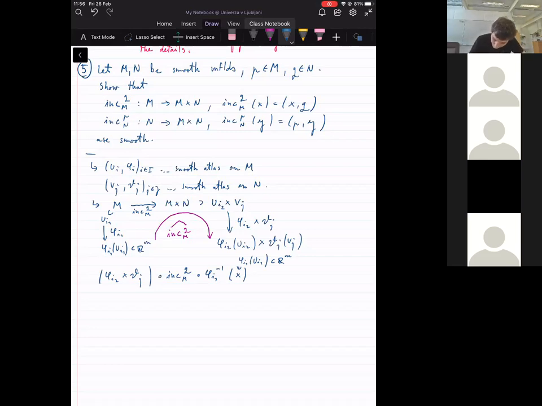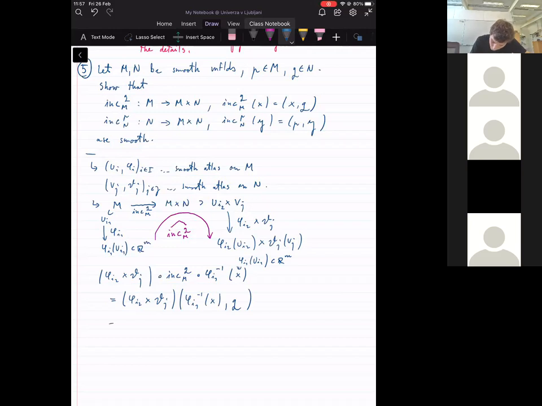Okay, so what we get here, this is kind of a triviality, but nevertheless it's instructive to do it. Phi_i2 times theta_j. Now we have to use the definition of the map ins_qm, and what we get is phi_i1 inverse of x on the first place, and on the second place we only get a q, right?